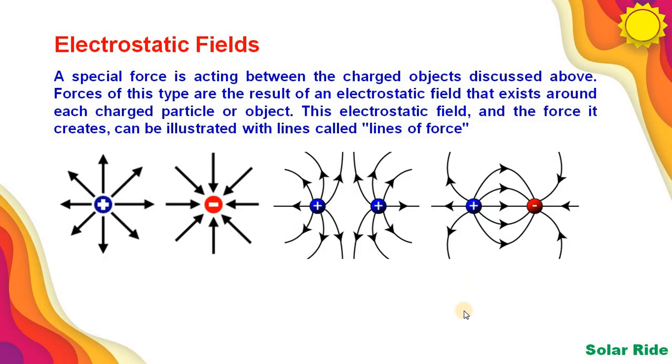Exactly. The next fundamental topic is that electrostatic force is created based on electrostatic fields only. A special force acts between the charged objects discussed above. Forces of this type are the result of an electrostatic field that exists around each charged particle or object. This electrostatic field and the force it creates can be illustrated with lines called lines of force.